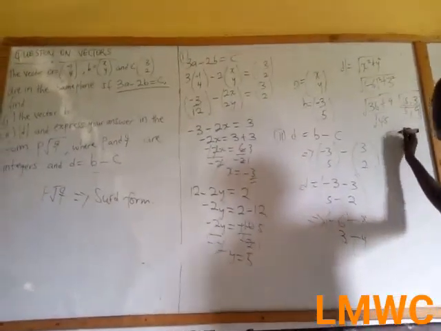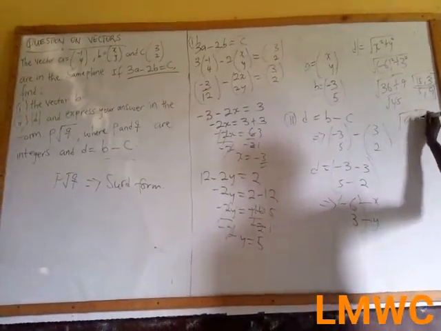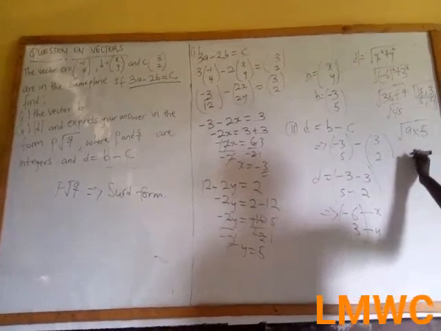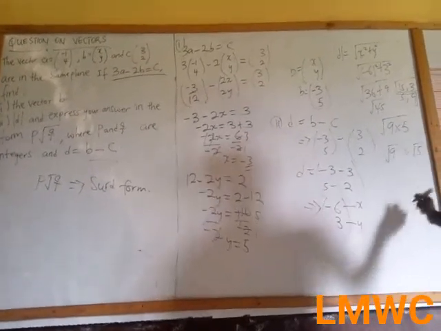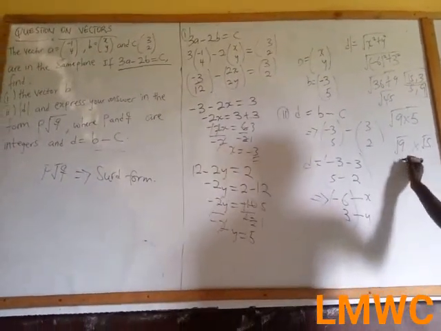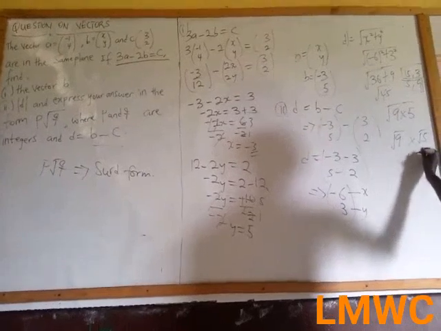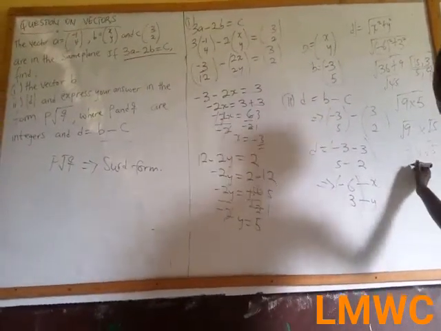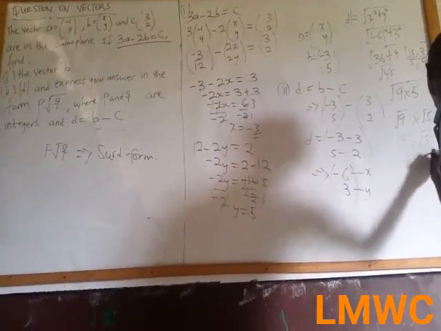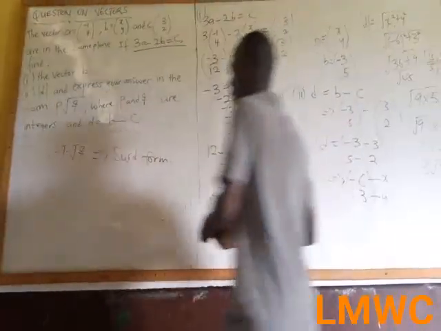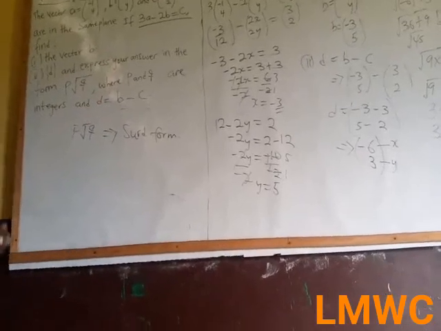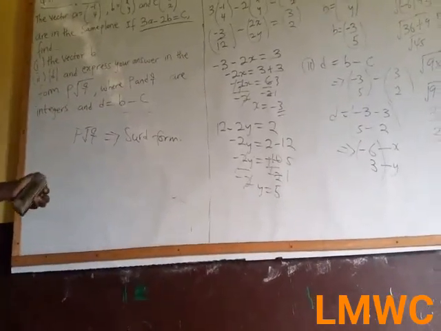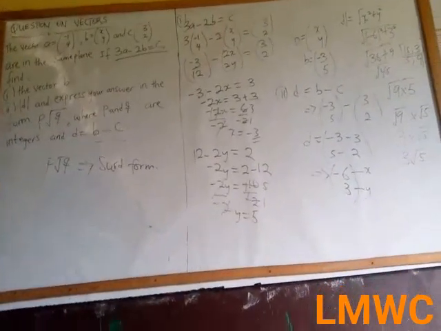So it becomes 9 times 5. This is the same as the square root of 9 times the square root of 5. The square root of 9 is 3, so we have 3 times the square root of 5, which is 3 root 5. So our p is 3 and q is 5. This is a nice question on vectors and is examinable. Thank you.